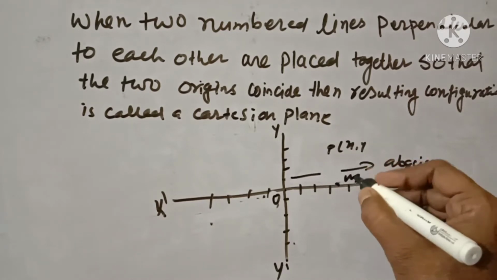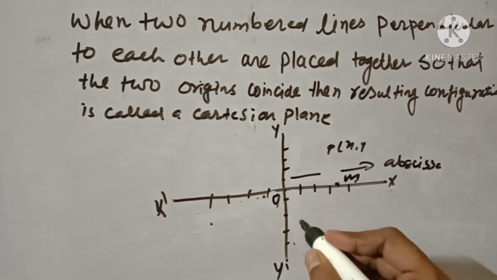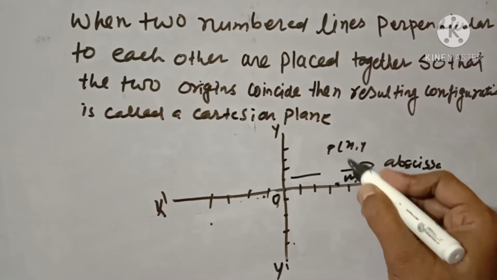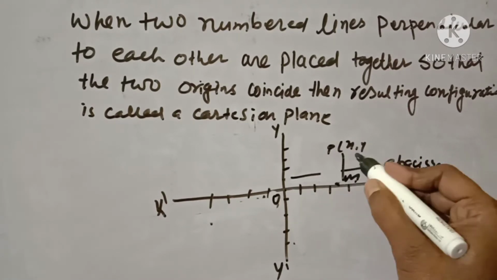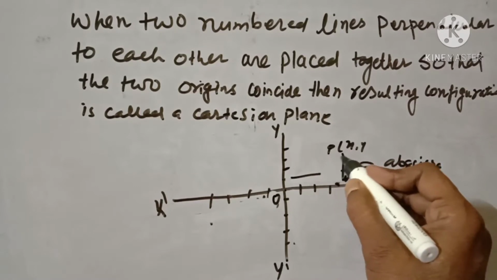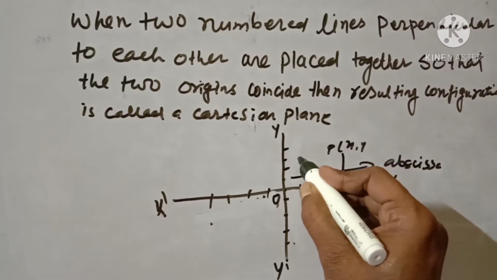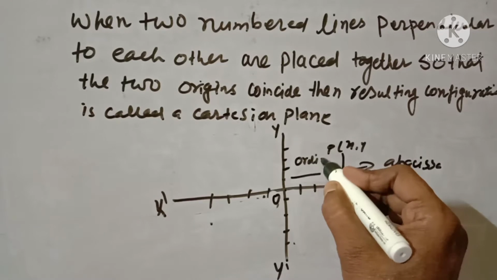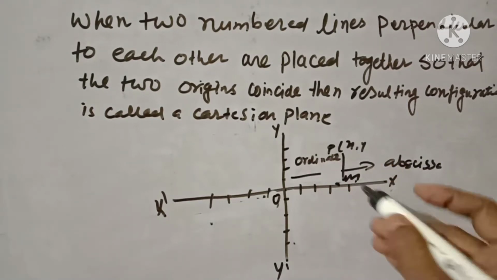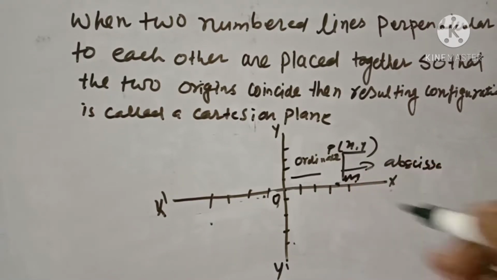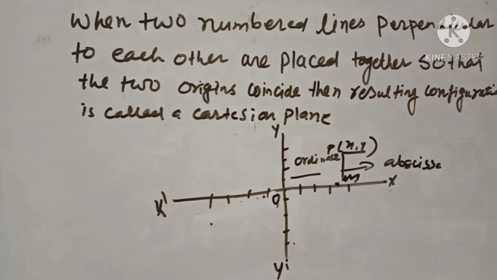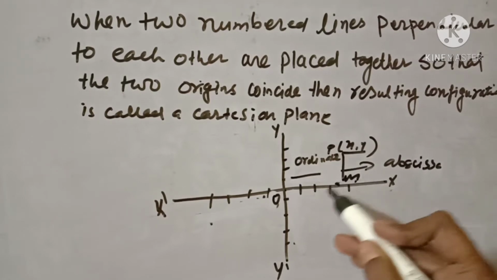This is known as abscissa, and the y coordinate is MP. This is known as ordinate. Together, this point P is known as the coordinate.